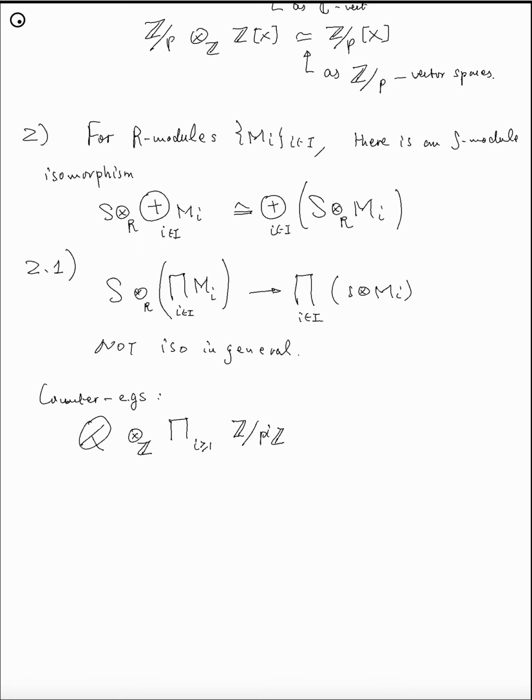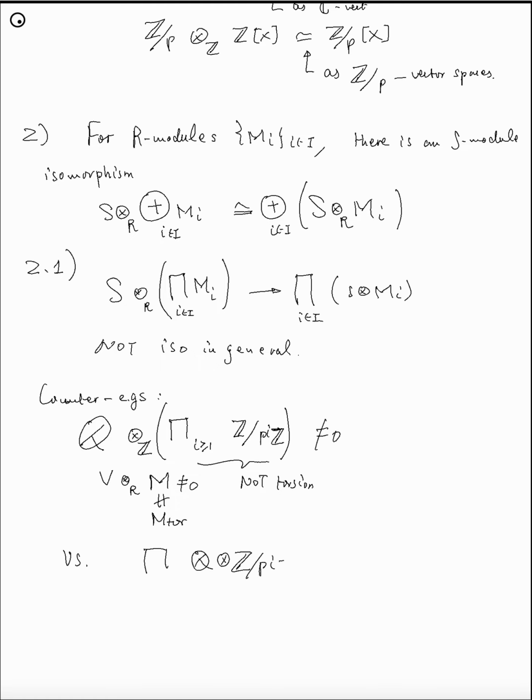So this is not zero because we have proved that this is a Q vector space, and then this is not zero if M is not torsion. In particular, this is not torsion, and so this is not zero, while this is 0.